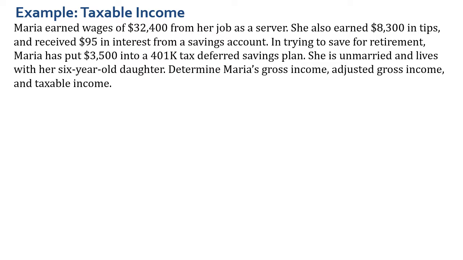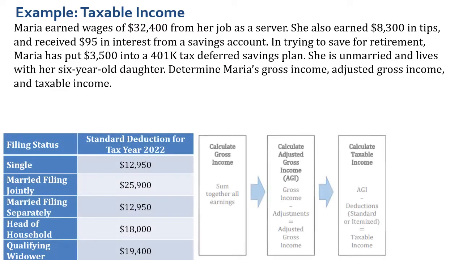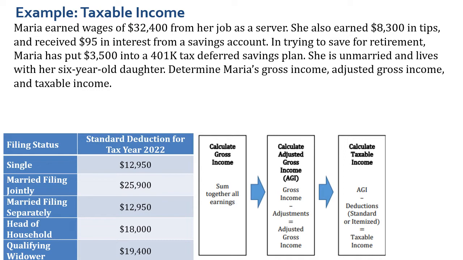So the first thing we're going to do is find her gross income. We're going to use that filing status in a minute for the standard deduction, but let's first calculate her gross income. Gross income is adding up all of what you've earned.